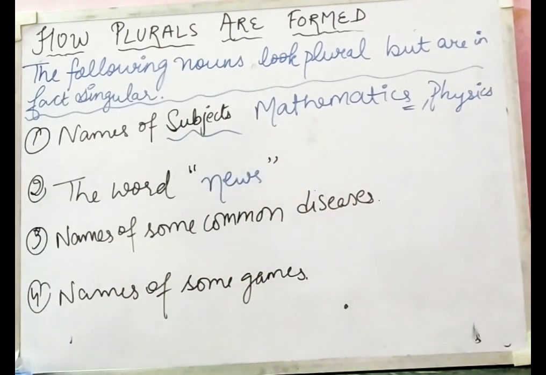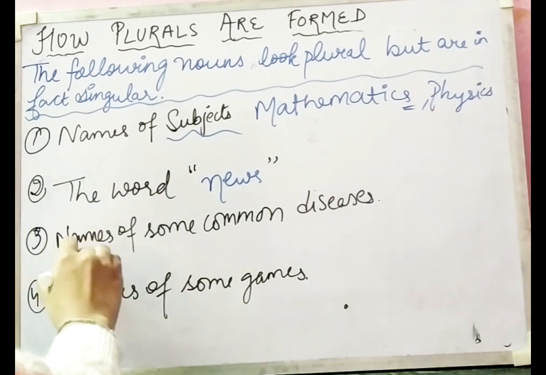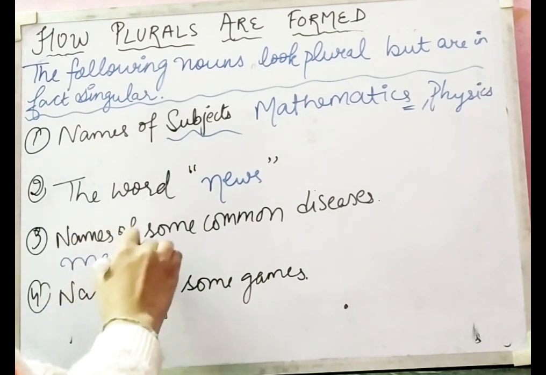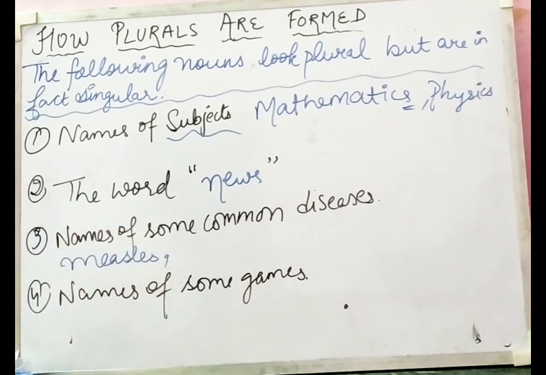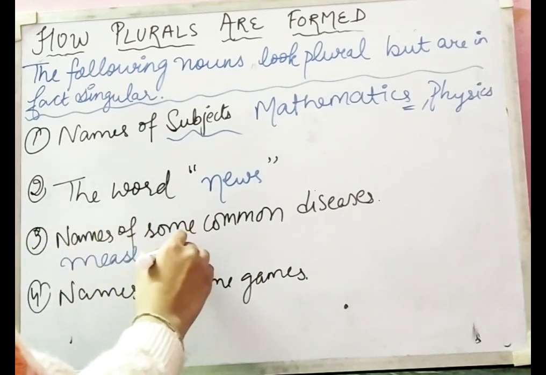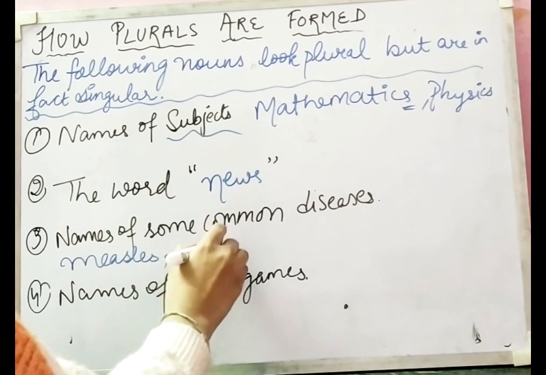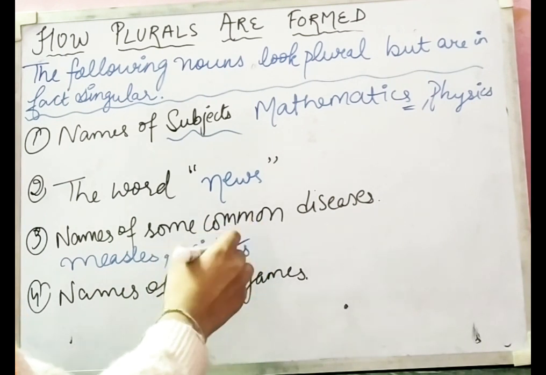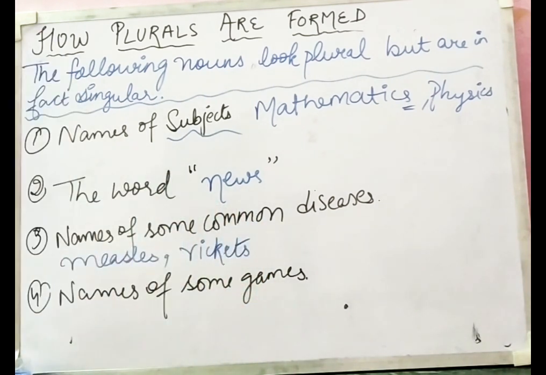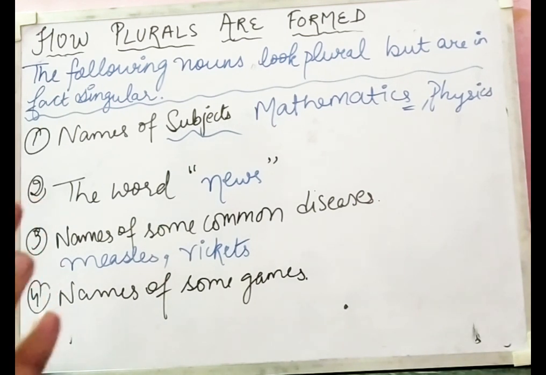Names of some common diseases, like measles. I think you all know what is measles. And rickets. Now I think many of you will not know what is rickets. Rickets is a disease which is caused by deficiency of sun.